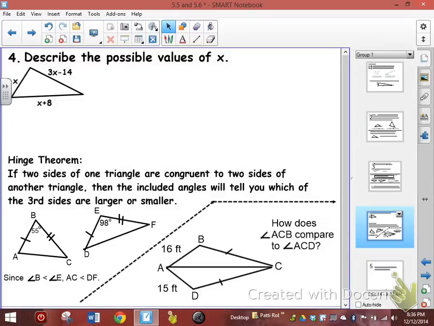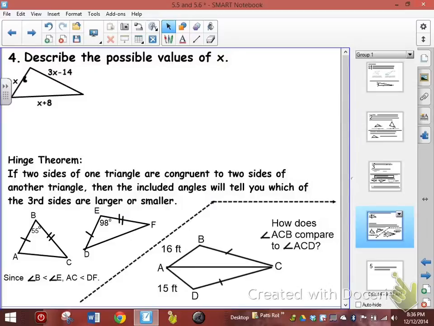Okay, the next example, same thing, except this has algebra in it. And since we don't actually know the sides, and even though it looks like the x plus 8 is the longest, there's no guarantee that I drew it correctly. So we have to set up all three combinations. And remember, the rule is when you add any two sides, it has to be greater than the third.